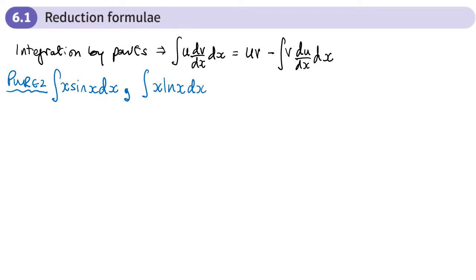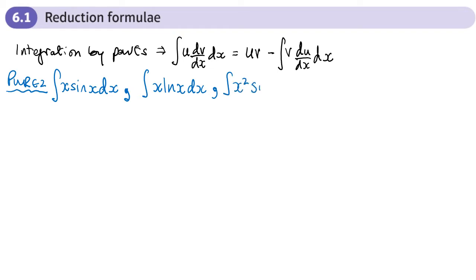So in something like this, this is the exception to the rule. We'll make this u, because then when we find du dx, that's 1 over x, and we'll make this equal to dv dx. And the most you'd be expected to use integration by parts is twice.